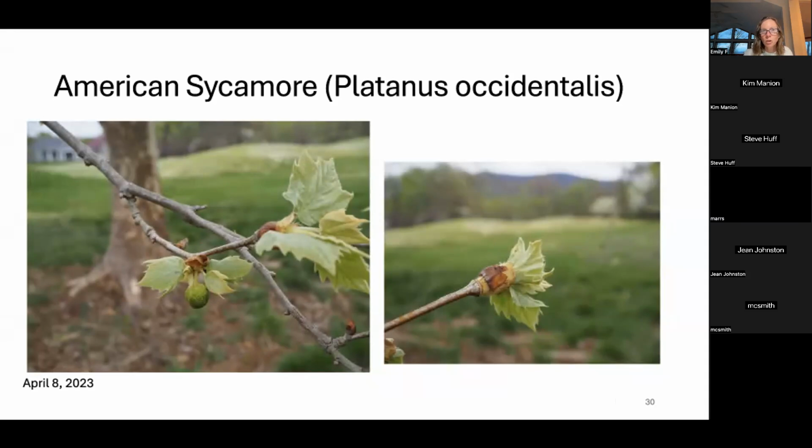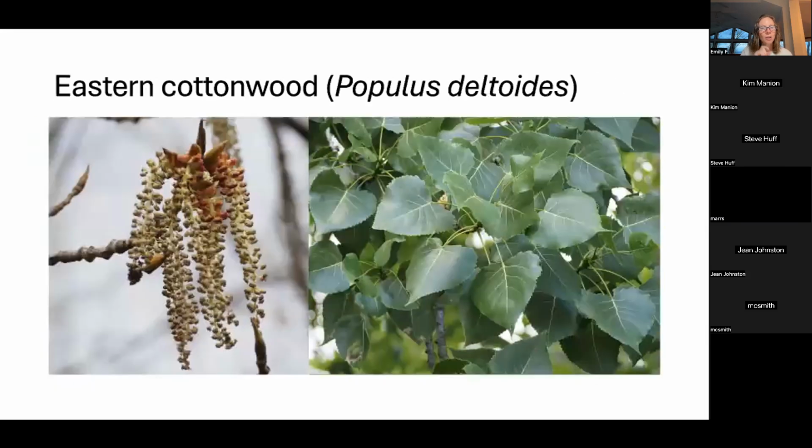And I think that these might be complete flowers. I don't think they're separate male and female. So this isn't considered monoecious, even though everything's there on the same plant, on the same tree, in the same flower structure. So very cool. Oh, and I didn't italicize Platanus occidentalis. Shame on me.